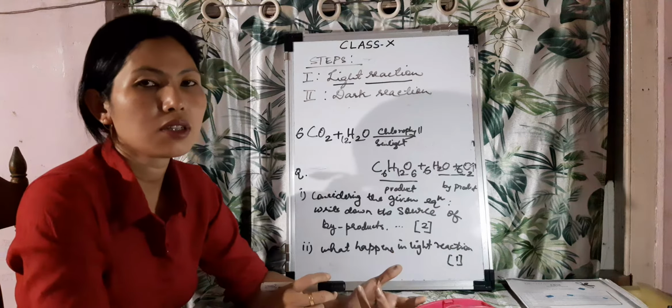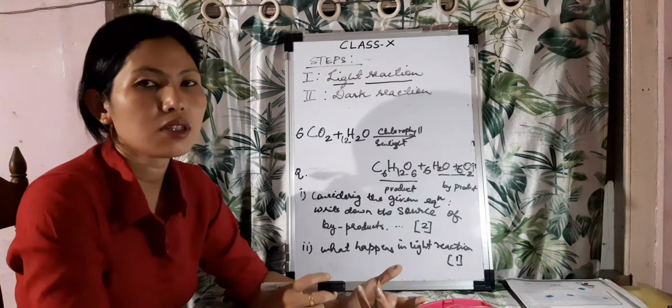Source of byproduct, oxygen, and this is the result of the process called photolysis. Oxygen is obtained by photolysis; in bracket you can also write down light reaction.